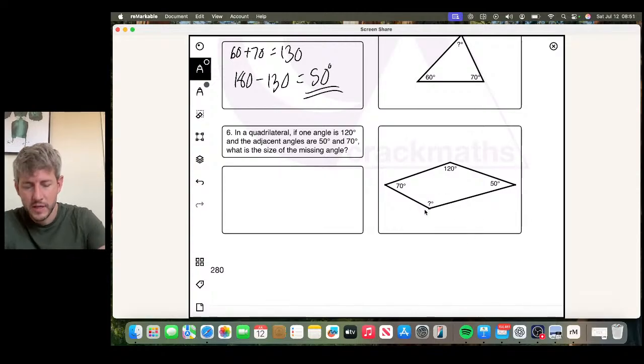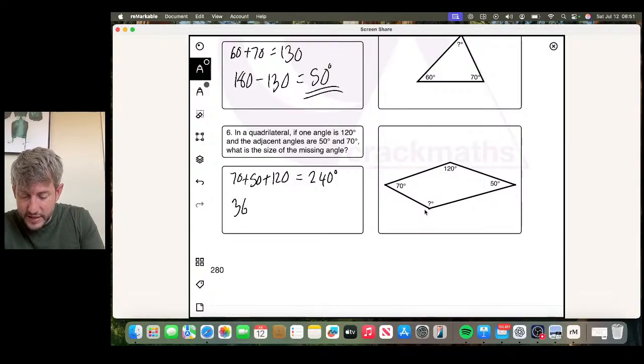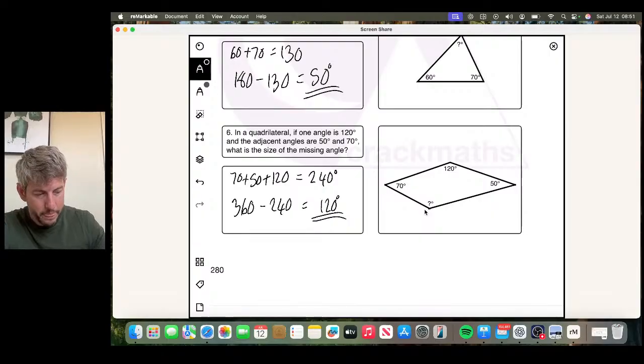So 70 add 50 add 120. 70 add 50 is 120, so these 3 add up to 240 degrees. Then 360 take away 240 equals 120 degrees as well. So that angle was also 120.